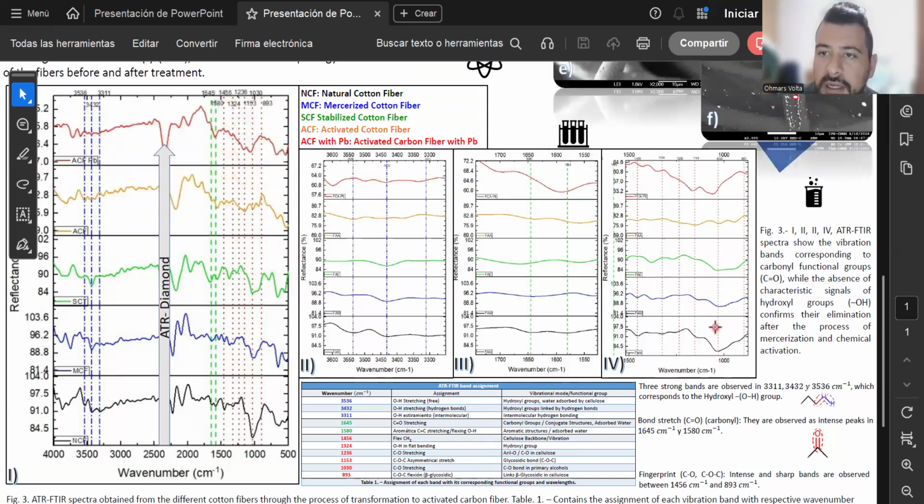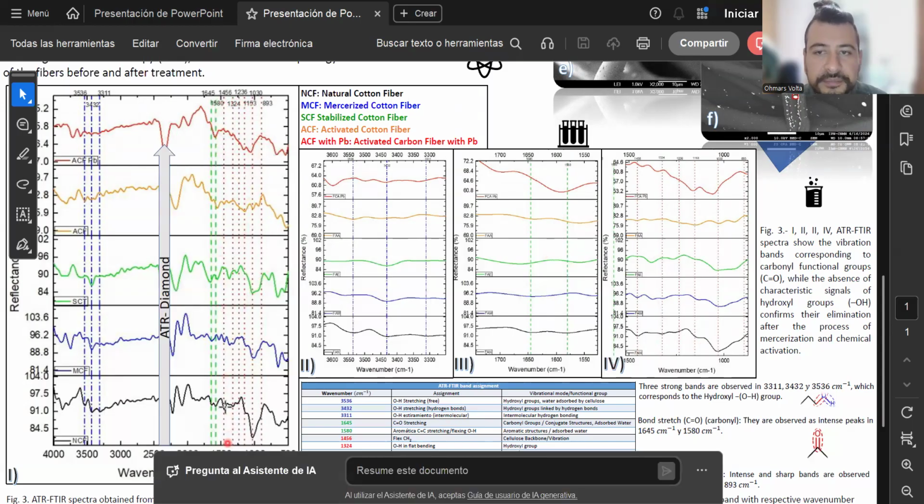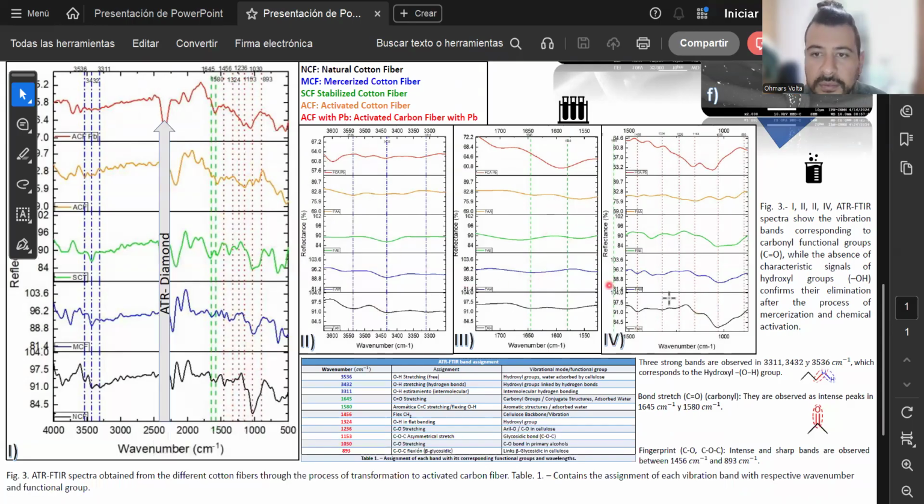Well, the spectra show the vibration bands corresponding to carbonyl functional groups, carbon with oxygen. While the absence of the characteristic signal of hydroxyl groups confirms, like here, their elimination after the process of mercerization and chemical stabilization.